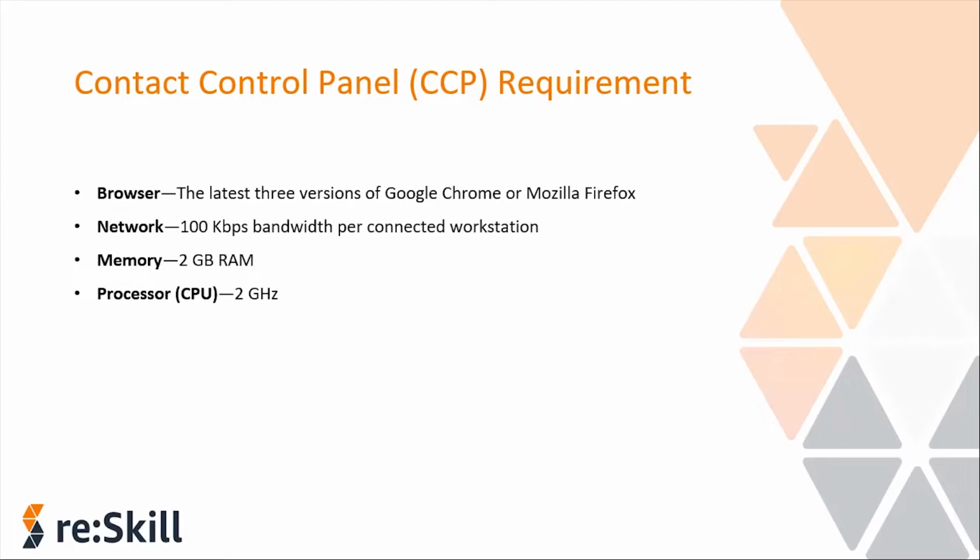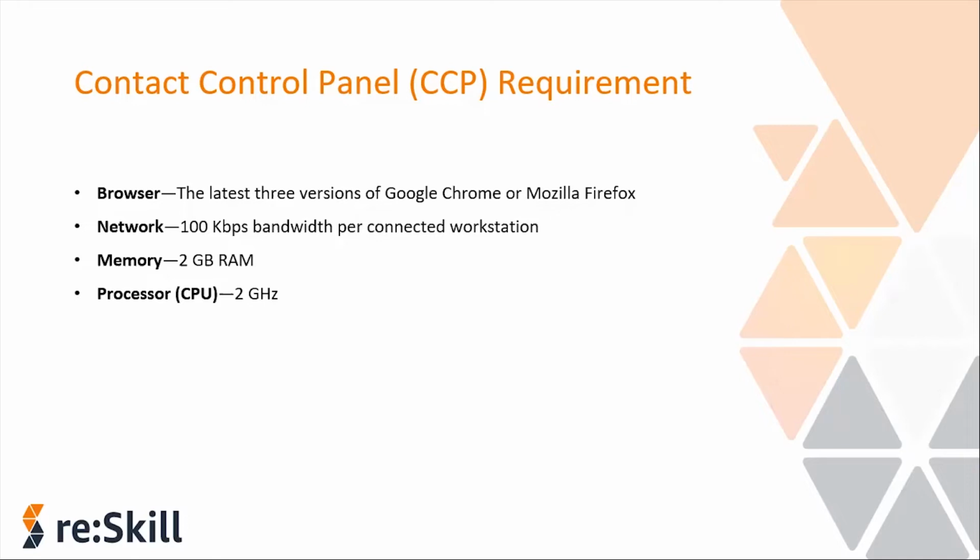Microsoft Internet Explorer is not supported. 100 KB bandwidth per connected workstation is needed. The agent machine is considered a workstation, so a minimum of 100 kilobytes per second bandwidth is important. 2 gigabytes of RAM and a 2 gigahertz processor are required.